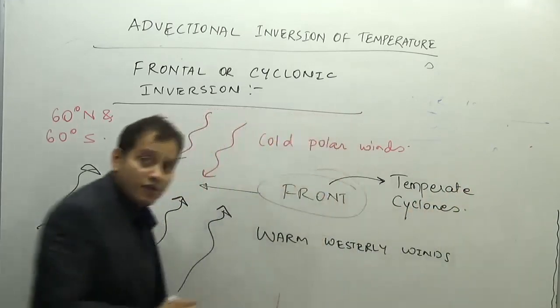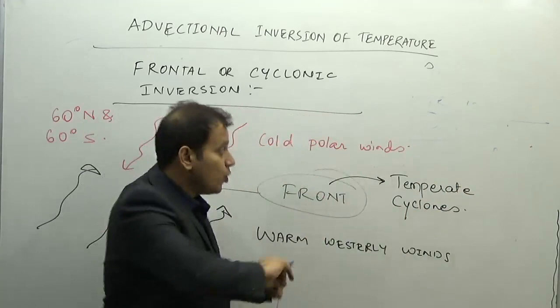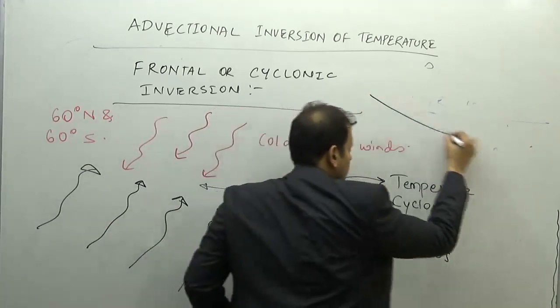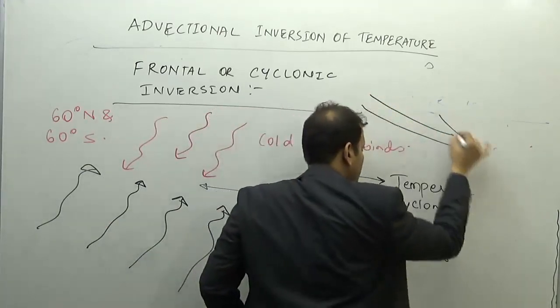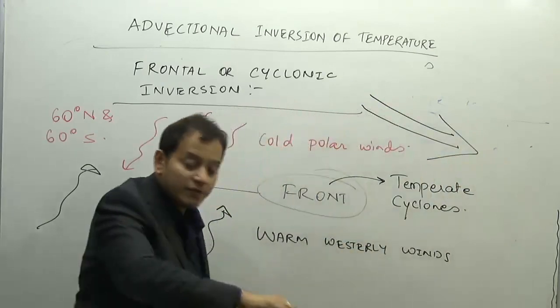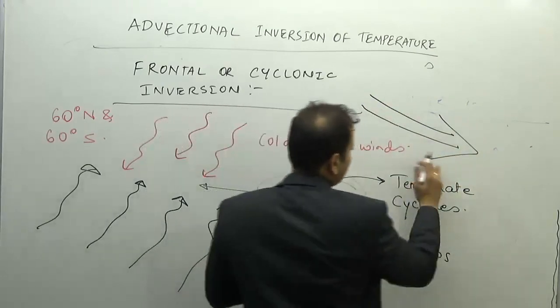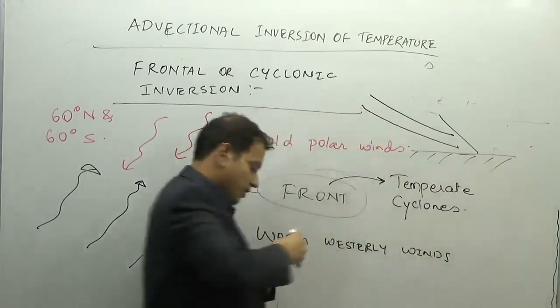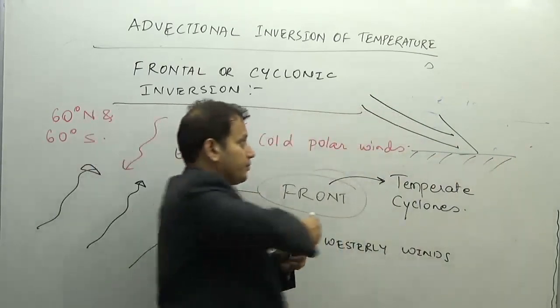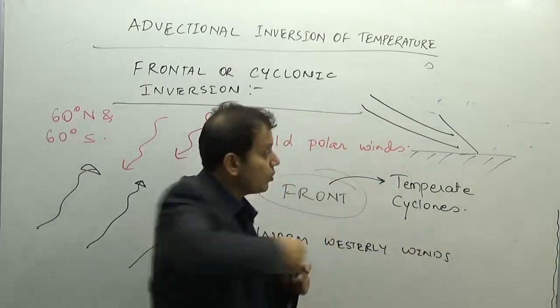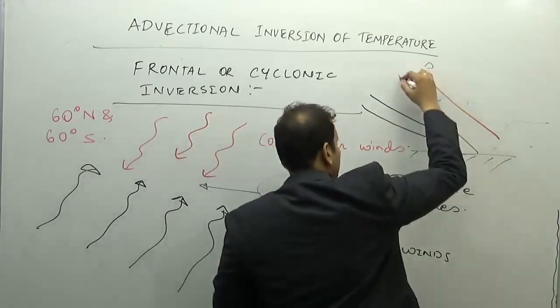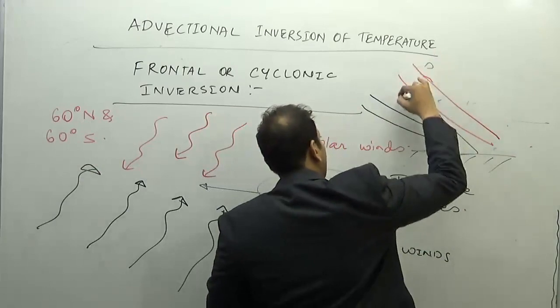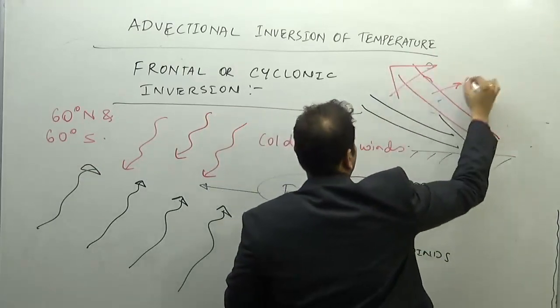So in the regions of a temperate cyclone, the cold wind comes down. This wind which comes down on the ground surface is a cold wind, while the warm wind goes upwards. The warm wind is pushed upwards. So this wind is a warm wind.